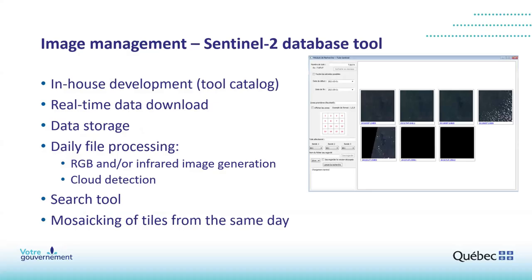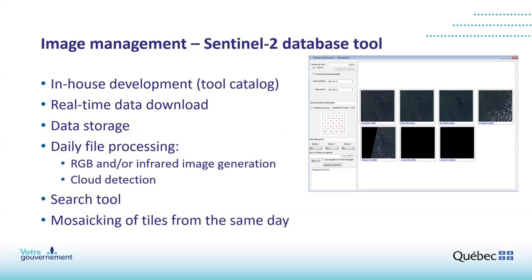In order to use all the data provided by Sentinel-2, a catalog tool was developed in-house. It is an automated system for downloading and managing Sentinel-2 tiles. The first step is the creation of small preview images covering Quebec, which allow the user to quickly visualize the available data.